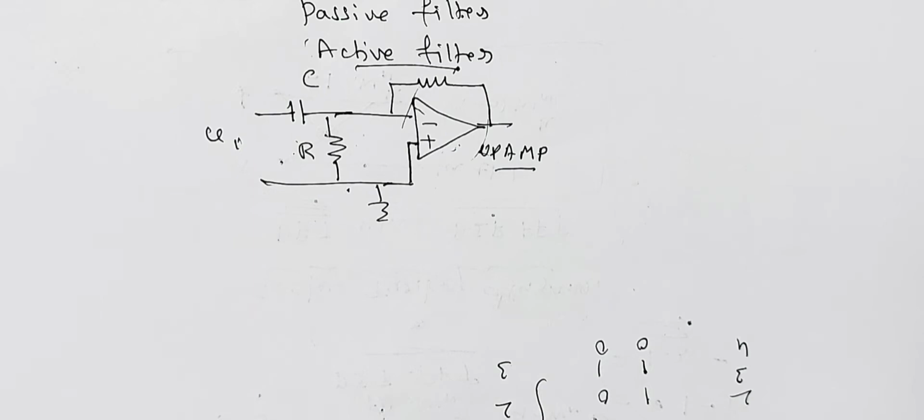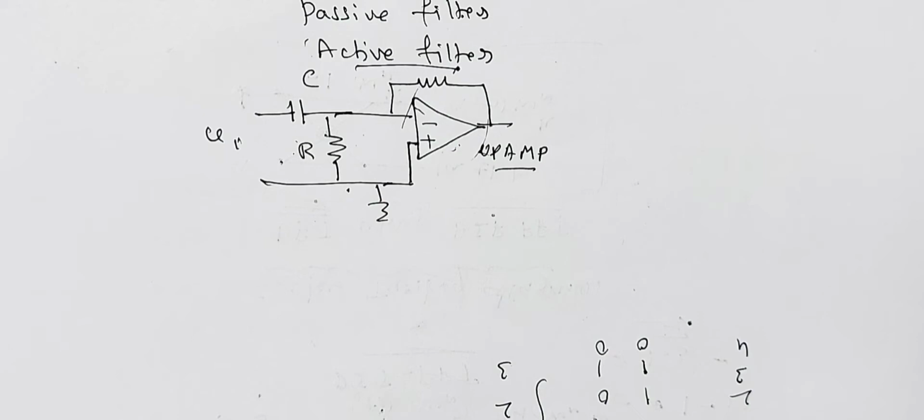Therefore, in general, we can define a filter as: a filter is an electronic circuit or device which produces the output voltage not for all the input frequency but only for a specified frequency, whose value is given by the values of R and C used in the circuit. There are two types of filter: passive filters and active filters.